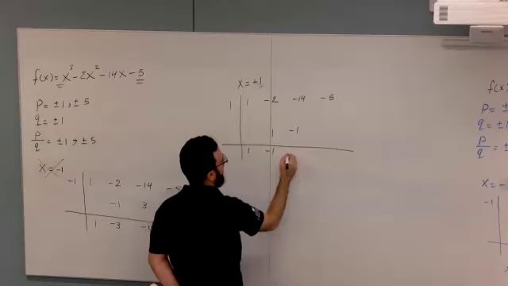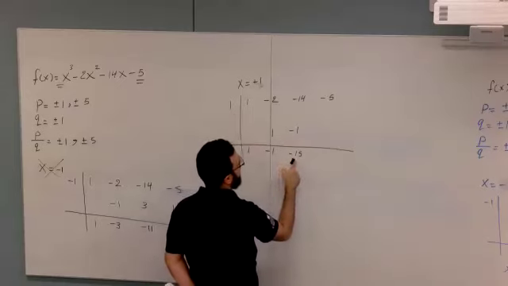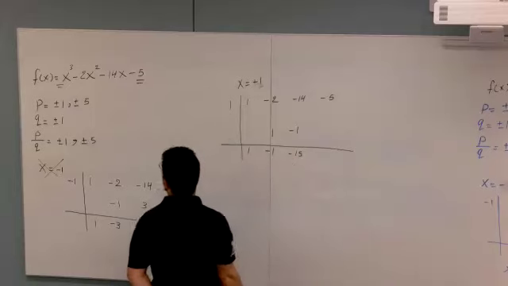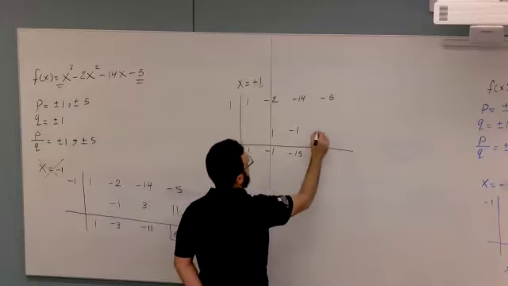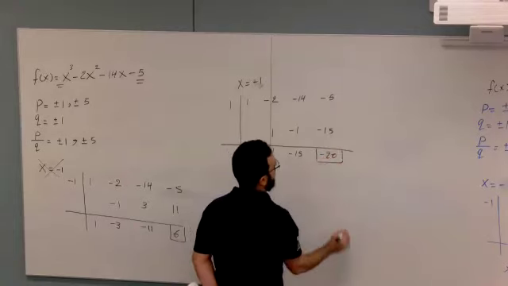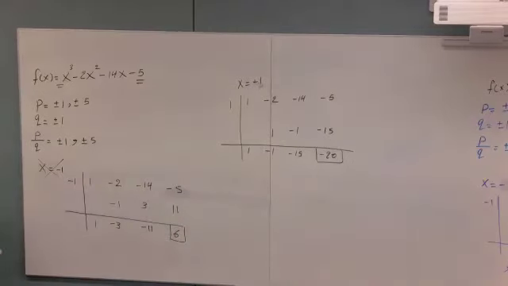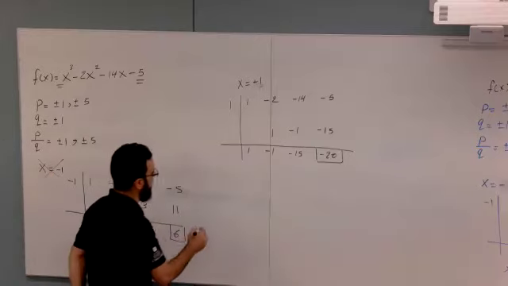Add these together. 1 times -15. -15. Add these together. Now where are we going to go? The next zero, which is 5.